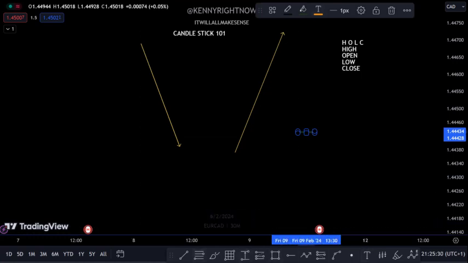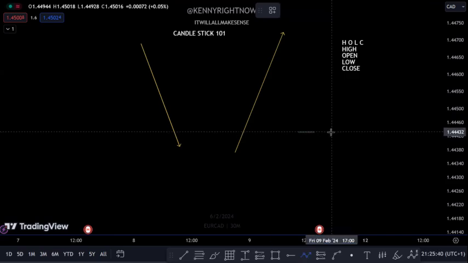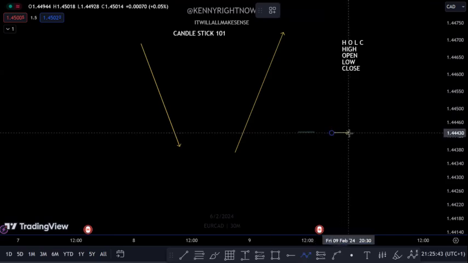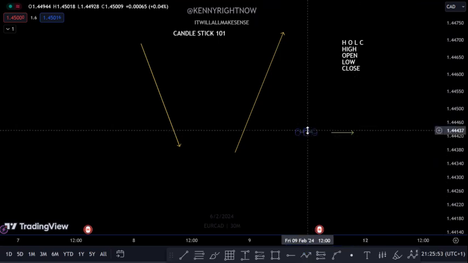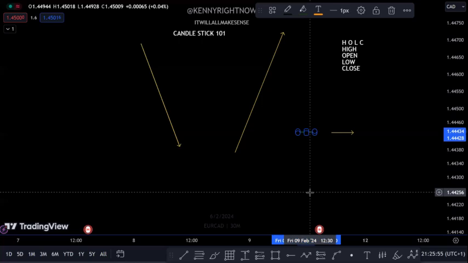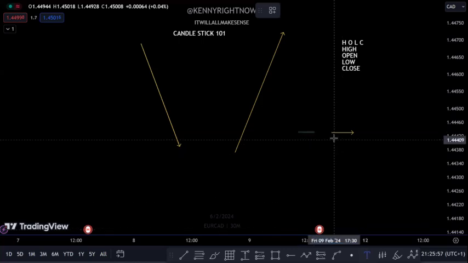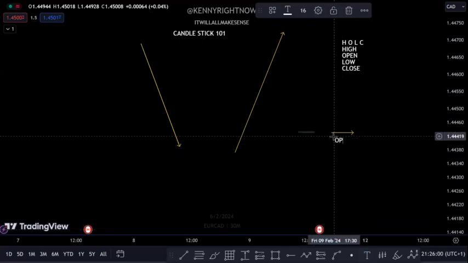This is the open. Now, from the open, this is where this candle forms. The direction will tell us if we are going to go bullish or bearish. And when the direction takes place, the color of the candle changes. So you can see right here the candle opens. We're going to call this part the open.